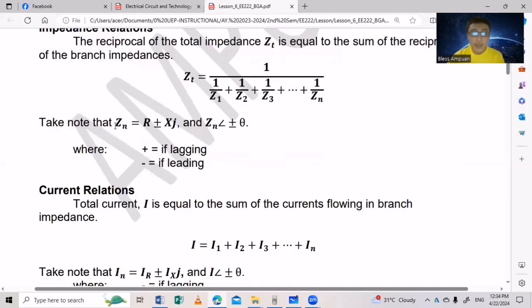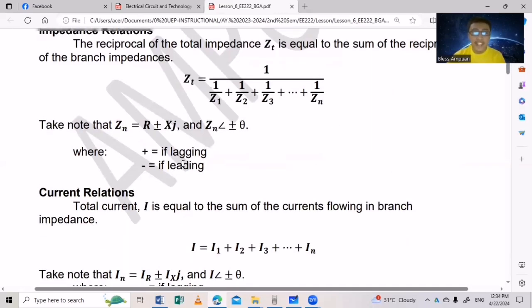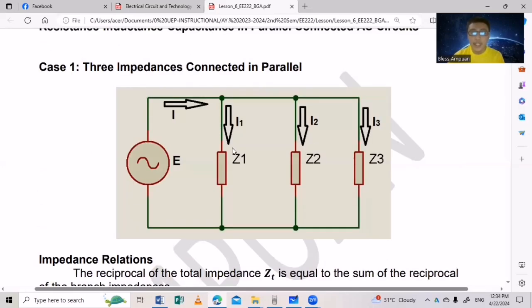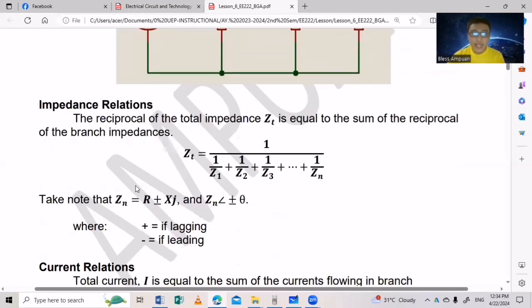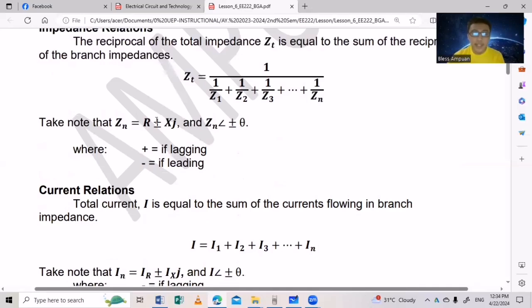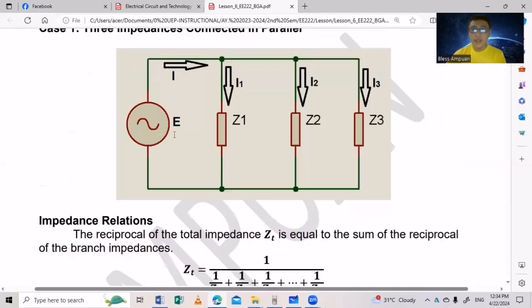Now we know again that for each impedance, always think that the impedance here is R positive or negative reactance, I or J. Think of it that it could be pure capacitive, pure resistive, pure inductive, or RL in series or RC in series.